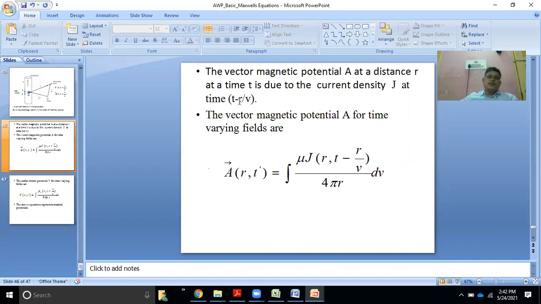The conduction current density at T dash will result in the magnetic potential at a distance R at time T. That you have to understand.